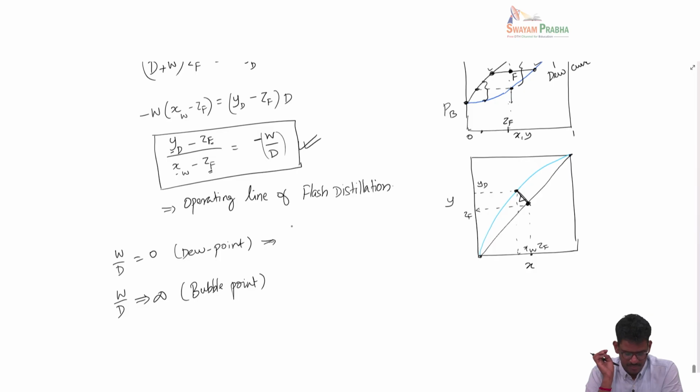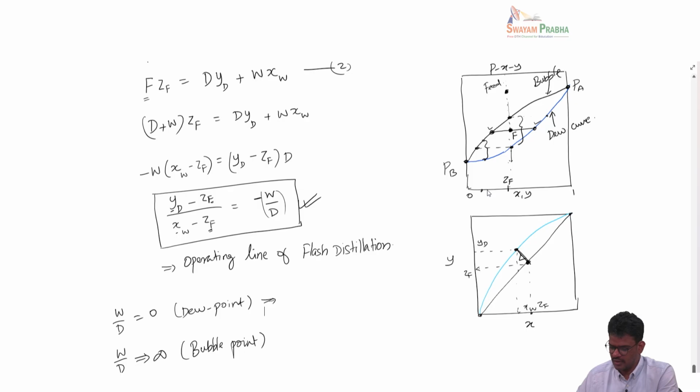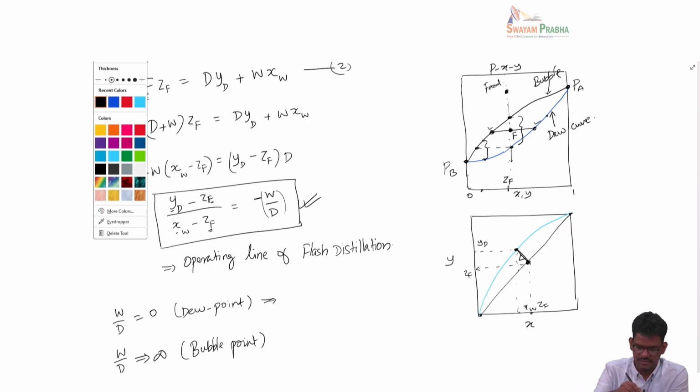Okay, whereas in the bubble point we have pretty much the other way around. So in the dew point, what we are saying is everything is vaporized. Okay, so if I go back to this plot, I can draw the line corresponding to those conditions.